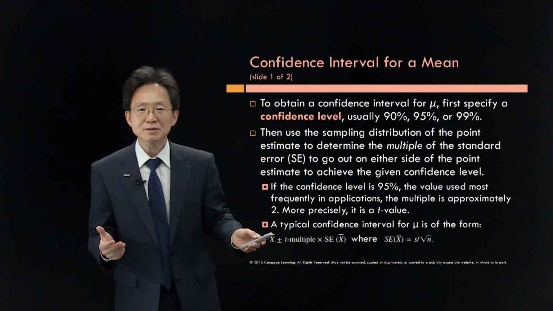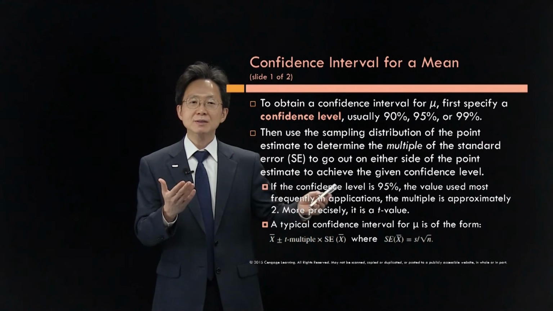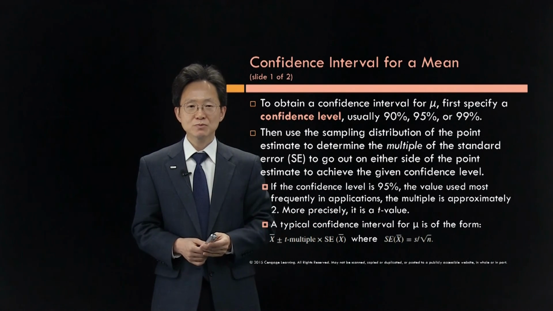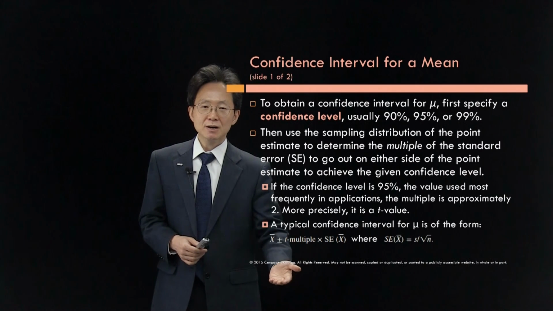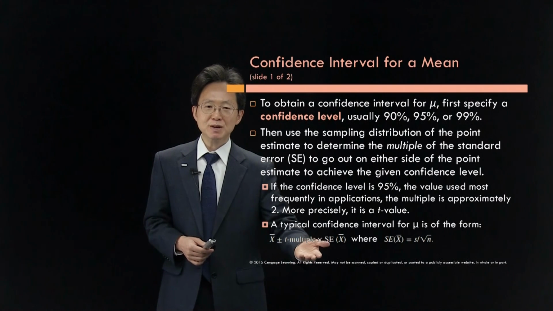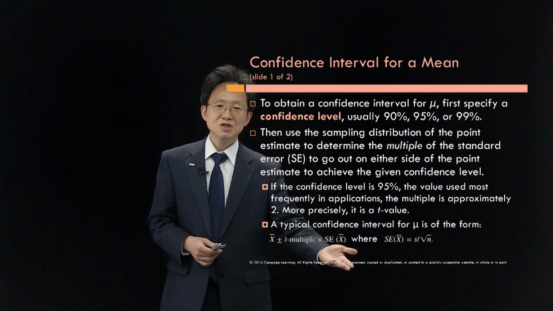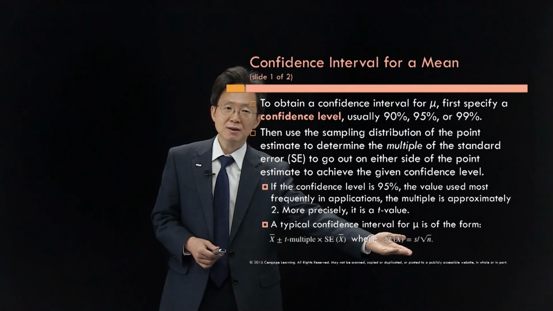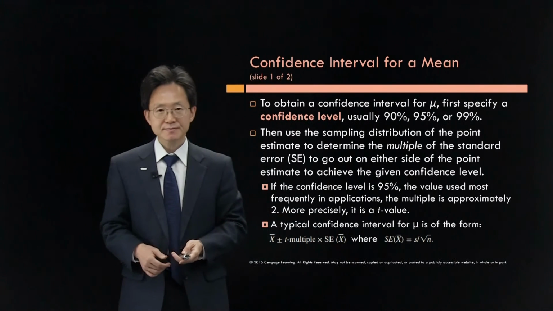So confidence interval, confidence level, 90%, 95%, 99% usually. And here, X bar plus minus T multiple times standard error, okay? SE is standard error, which is here, S over root n.